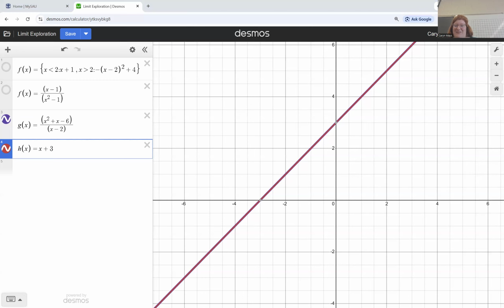Negative x over 3 times the bottom one flipped. What cancels? The x on the top and the x on the bottom.